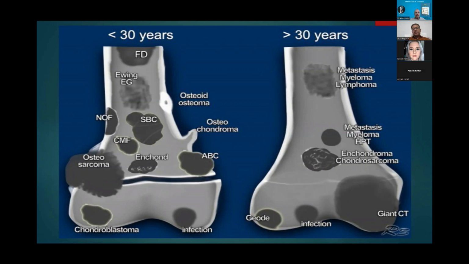Now, for those who have not heard that term, benign is a less aggressive category of tumors, and the ones which are more aggressive are called sarcomas or malignant tumors. So in the metaphysis, all this group that we just mentioned are benign tumors.